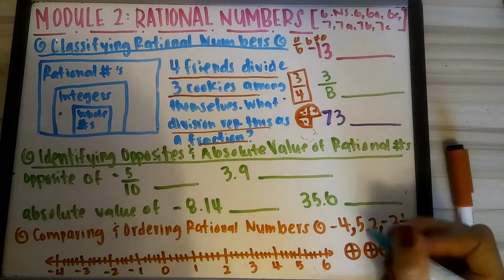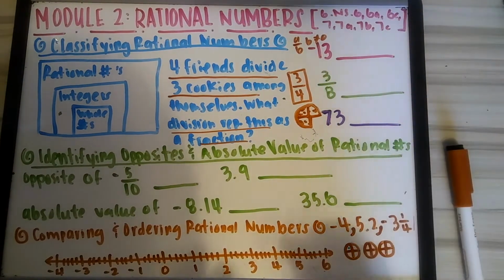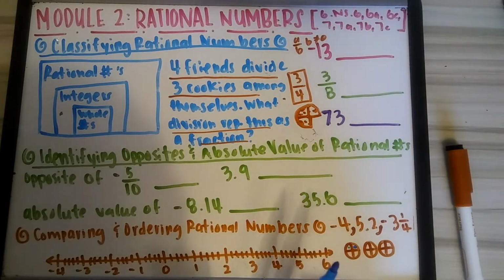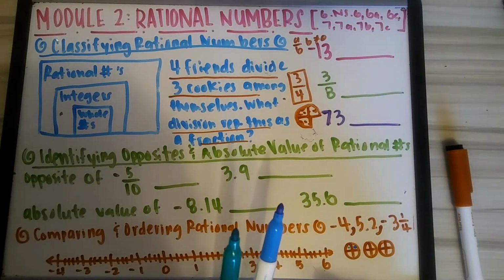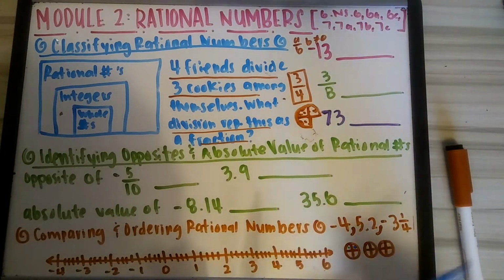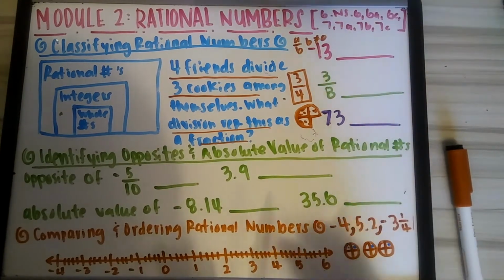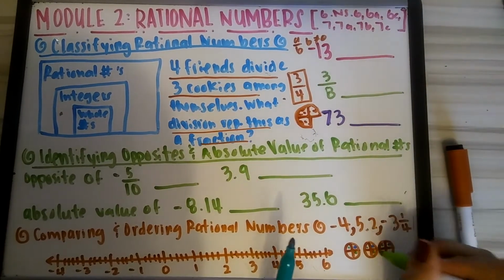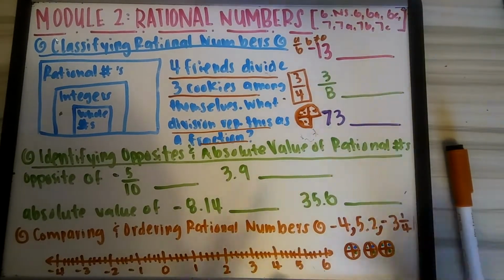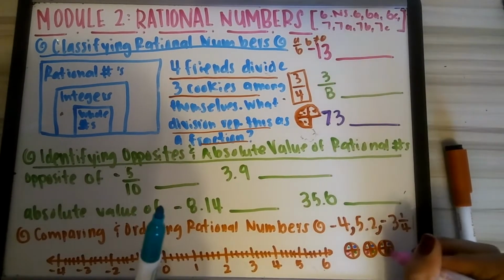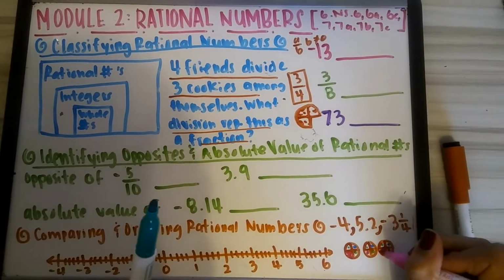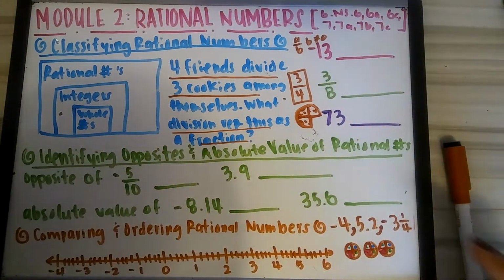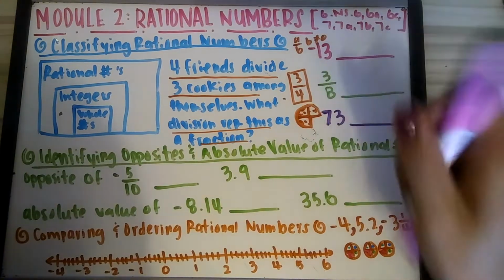This person gets one part of each cookie, and the next person gets one part of each. If we look at each person, every person has 3/4. You see 3 of those. So that's how 3 cookies divided among 4 friends leaves each one with 3/4 of a cookie.